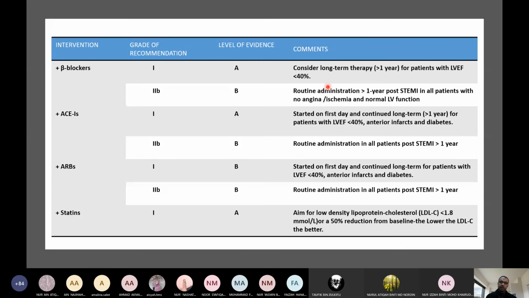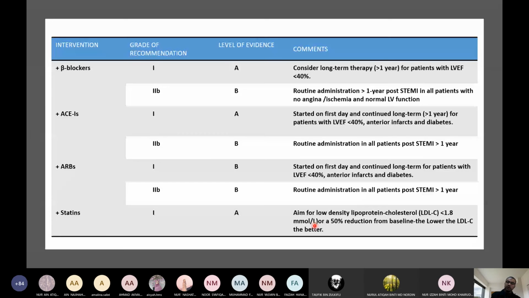Some of the references pertaining to the beta blocker mention 1 year to 3 years, continuously. But the high level and grade of evidence is for approximately more than 1 year, or 1 year at least. Statin is indefinitely, because this one will be secondary prevention.